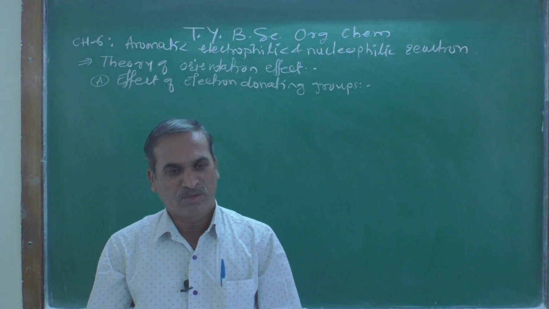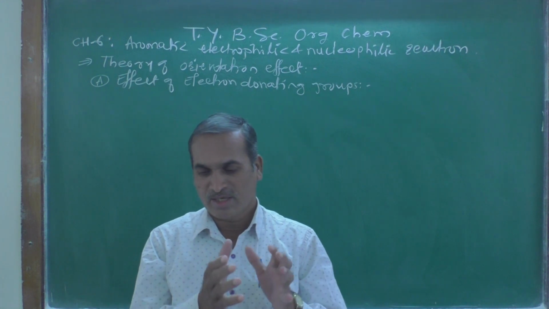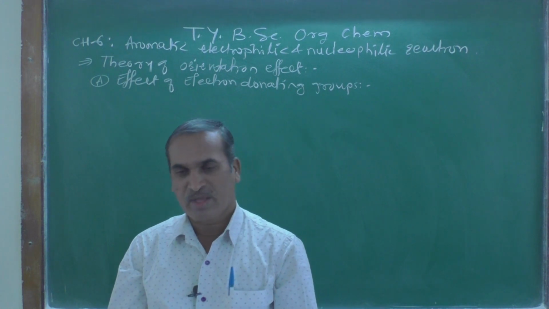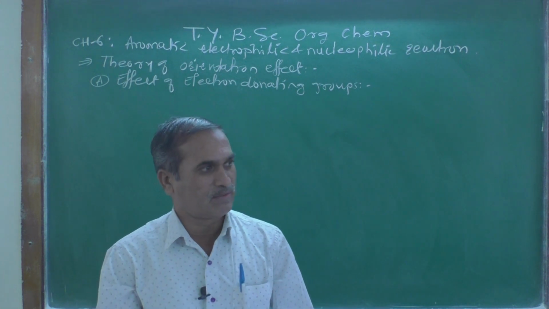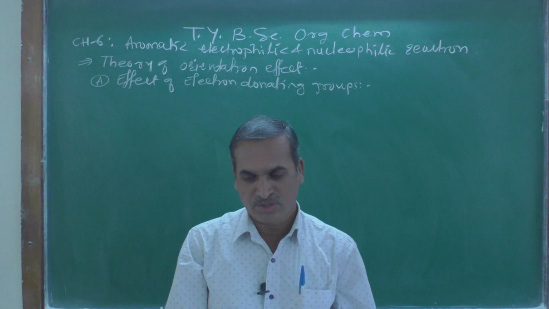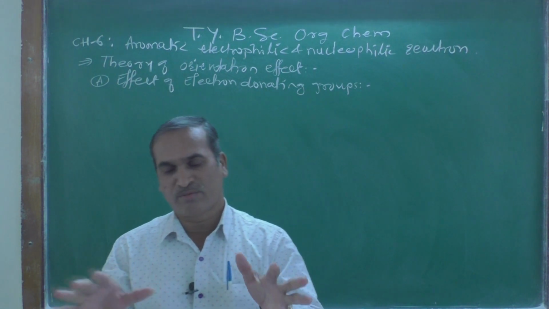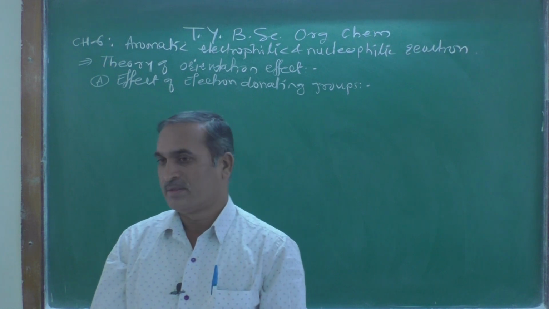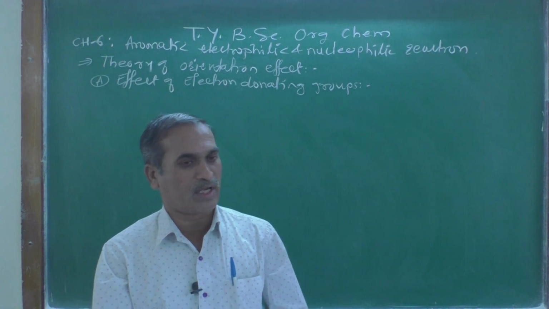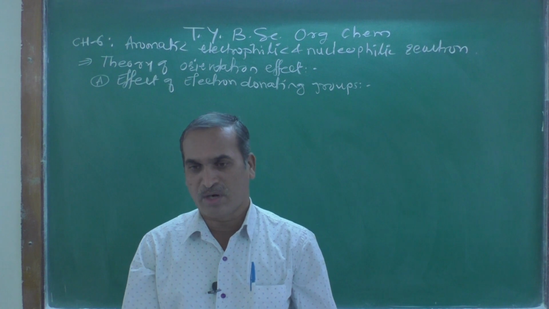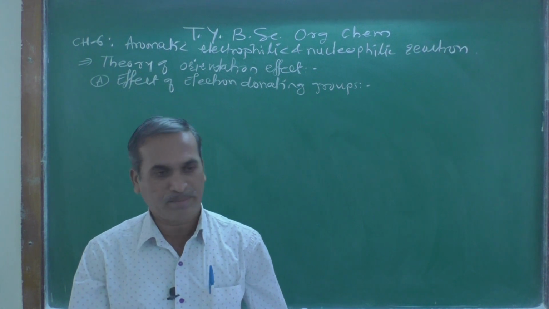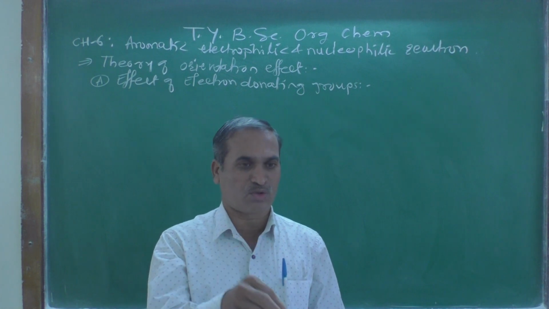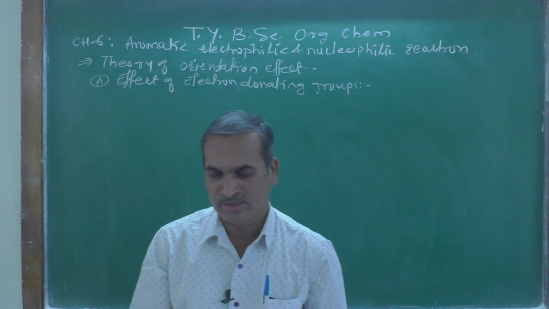I think we were discussing the orientation and the reactivity of the substituent group. There we have seen some of the monosubstituted aromatic compounds producing the orientation ortho, meta and para.